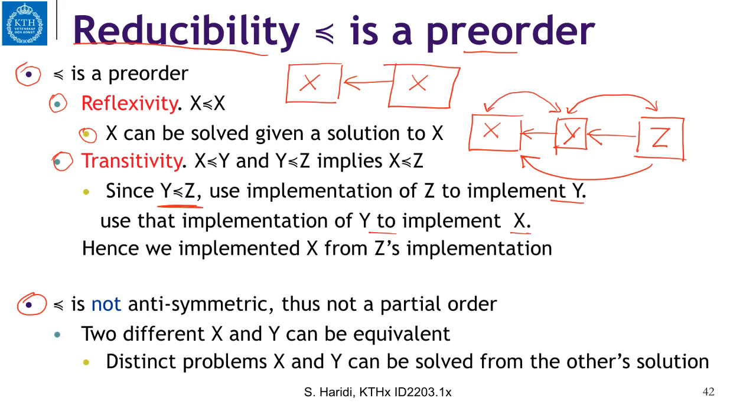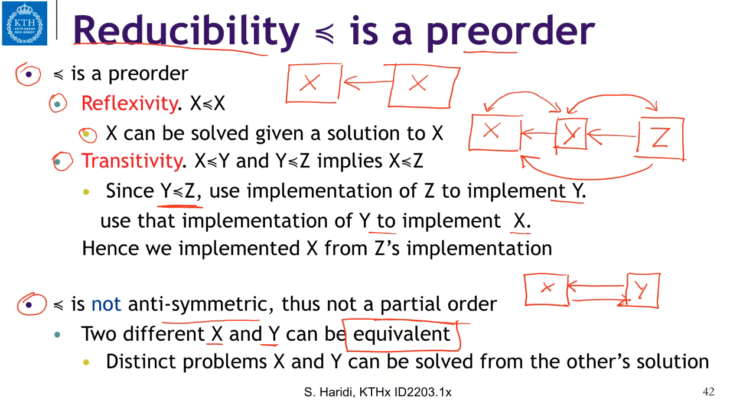Now, reducibility is not antisymmetric, and thus it is not a partial order, because it is quite conceivable that we have two abstractions, x and y, and we can use y to implement x and x to implement y. In this case, we say that these two problems or abstractions are equivalent.